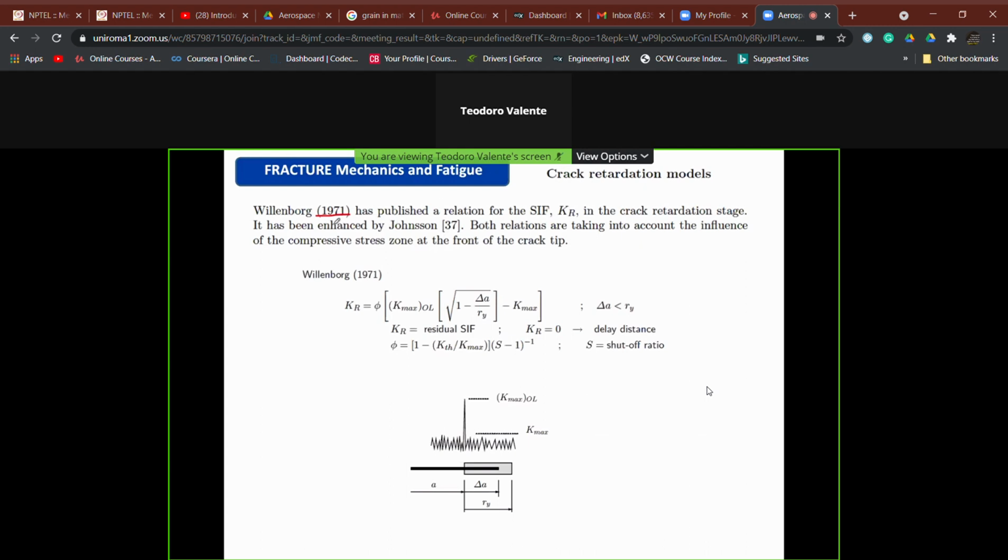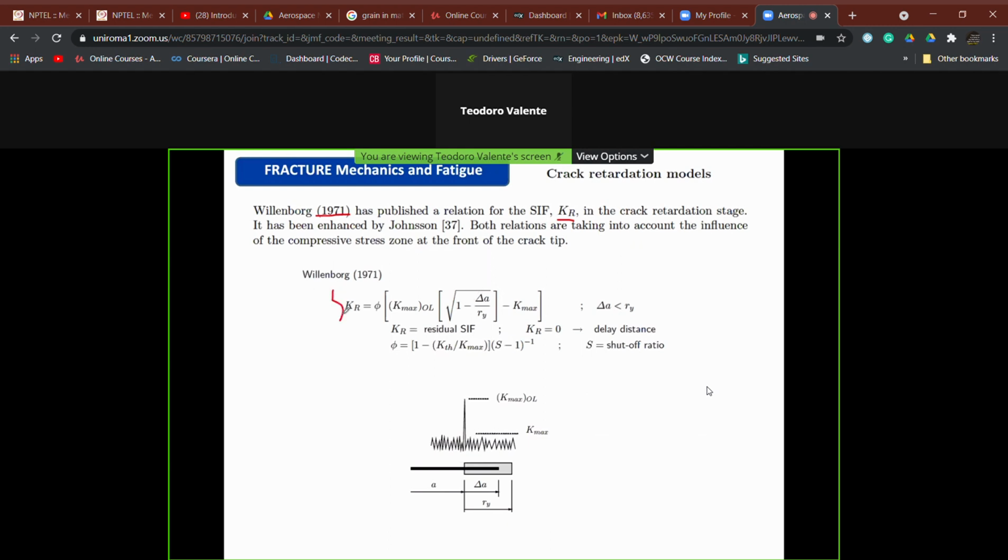We also have some models, developed quite recently, in which, for example, Willenborg has published a relation for the stress intensity factor, now called KR, in the crack retardation stage, in order to take into account what we have just said, and improved also by other researchers, in which the relationships take into account the influence of this compressive stress zone at the front of the crack tip.